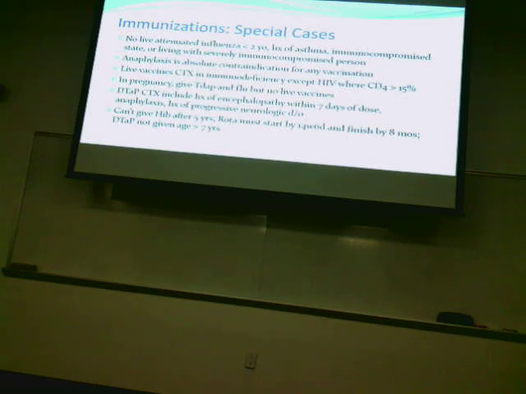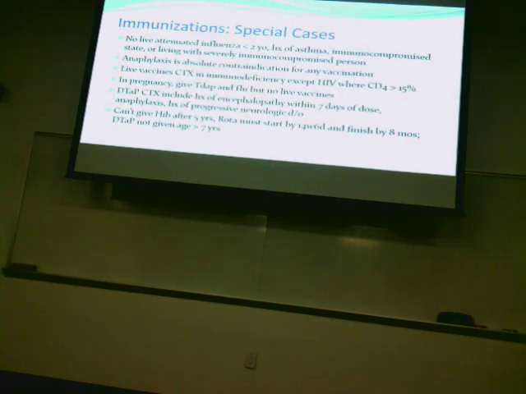So we don't want to give live attenuated influenza to children less than 2 years old if they have asthma, an immunocompromised state, or live with someone with severe immunocompromise. Anaphylaxis is the main absolute contraindication for any vaccine. Live vaccines are contraindicated in immunodeficiency, except in HIV with CD4 greater than 15%.